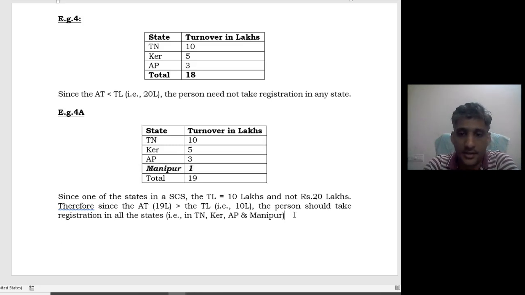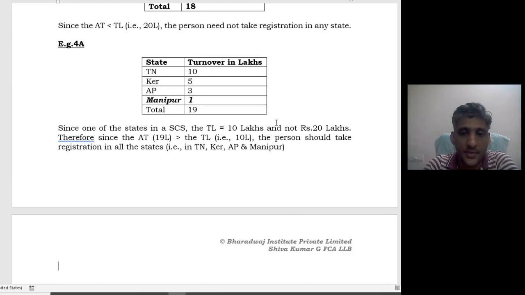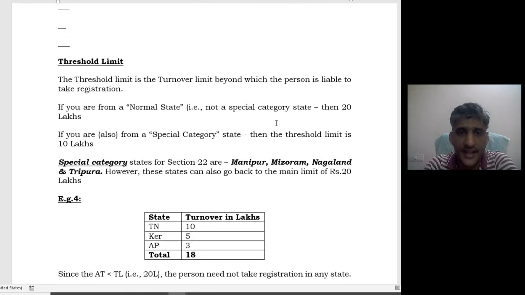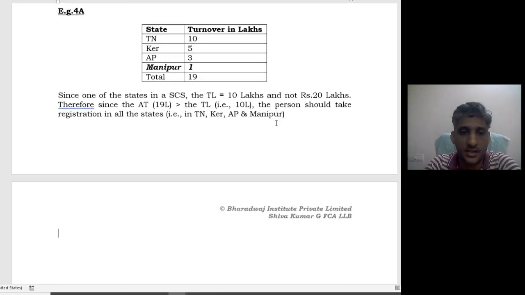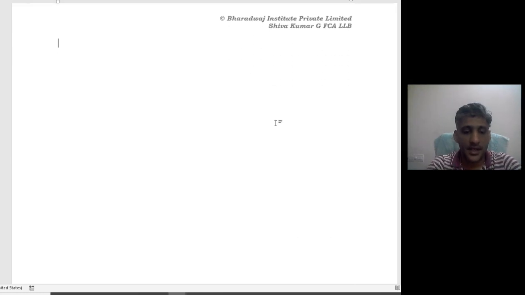Okay. Now, we are clear with what are special category states and all those things. The next point in threshold limit is only for supply of goods.